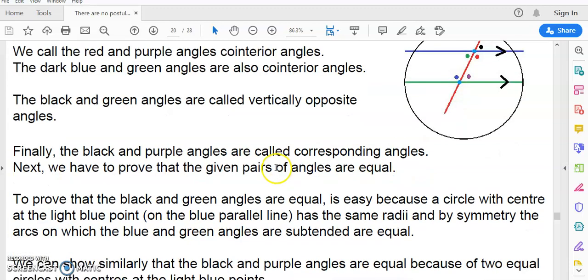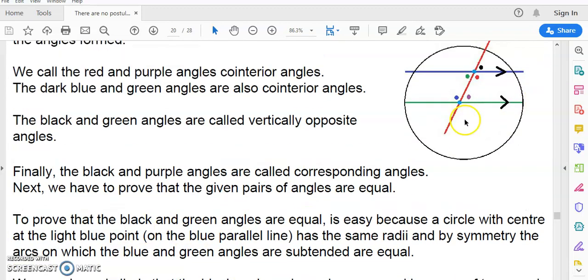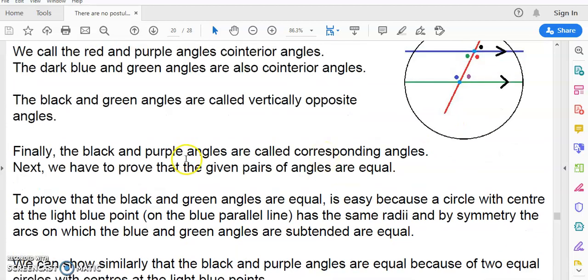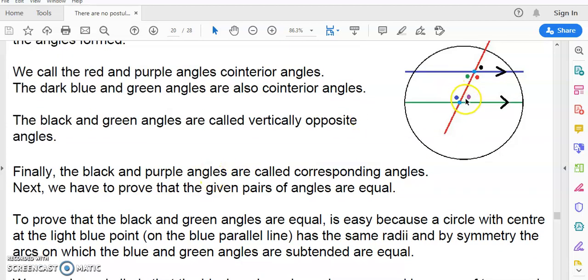Okay, so that's how you can show that the black and the green angles are vertically opposite, and hence that the black and purple angles are corresponding angles.